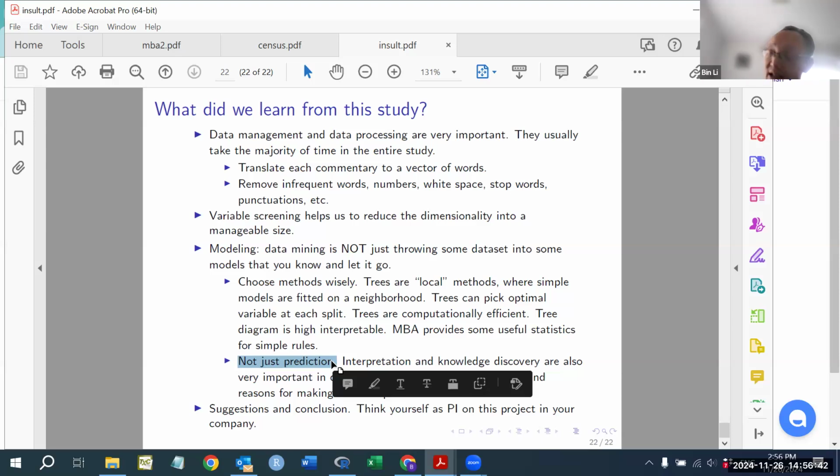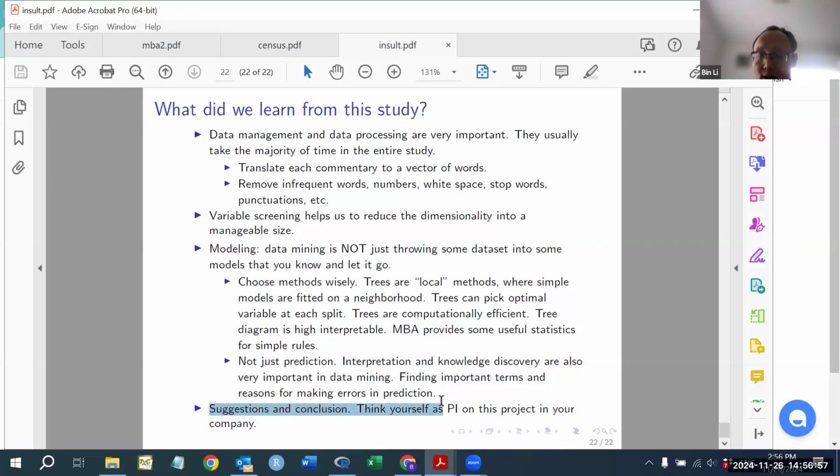So these are extras beyond the prediction, but they are very important. Actually, most of the time, they are more important than just the prediction results. And also suggestions and conclusions. So think of yourself as an investigator, not as a program. Okay, so these are what you should learn from this case study.